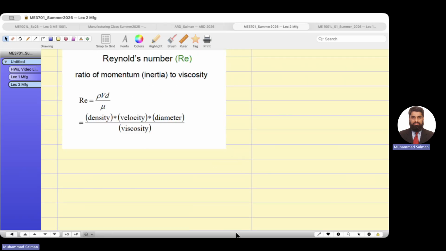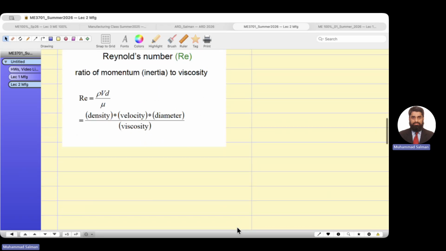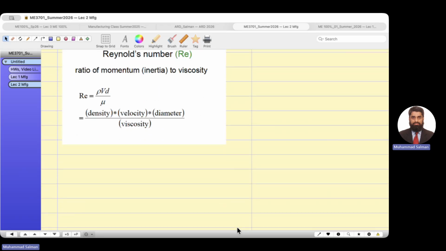This is the Reynolds number: rho times velocity times the diameter of the pipe, divided by the viscosity. Viscosity is the resistance to flow. If the viscosity is very high, resistance to flow is high, like honey versus gasoline in a pipeline.